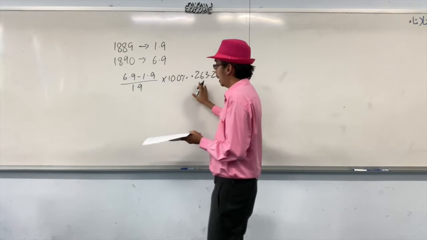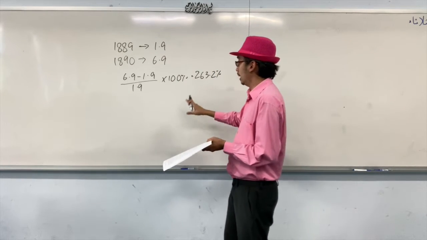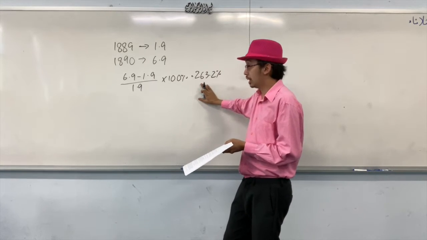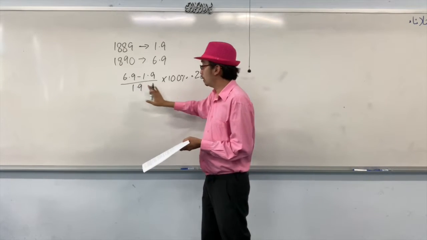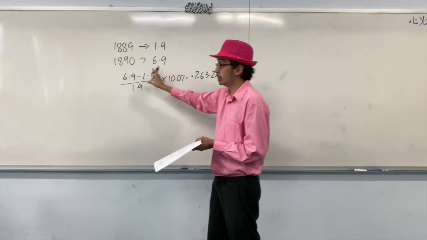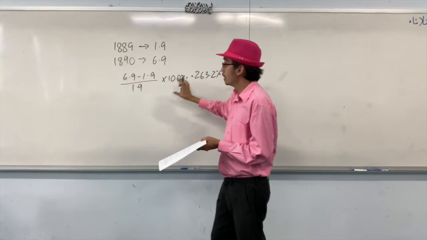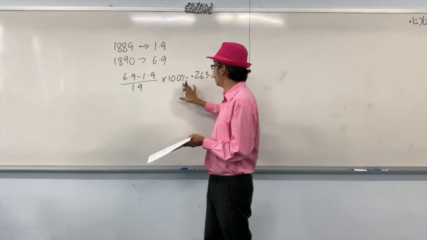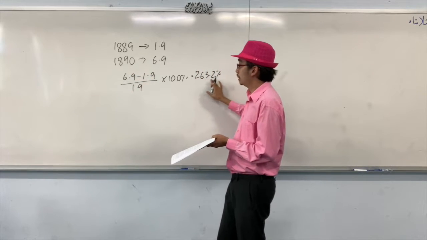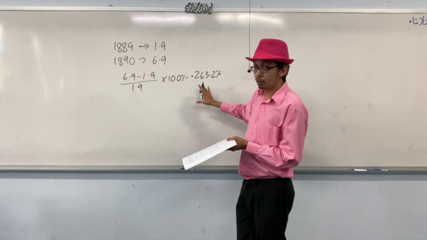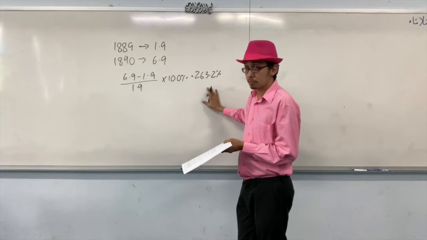If you start off with 1.9 and multiply by this percentage, it won't give you 6.9, it will give you 5. That is the difference. If you want to find the next number, you should multiply by 363%, or in number form, 3.63.